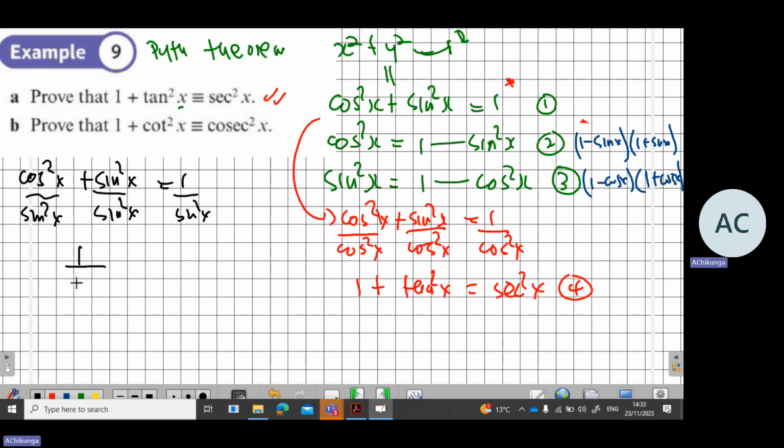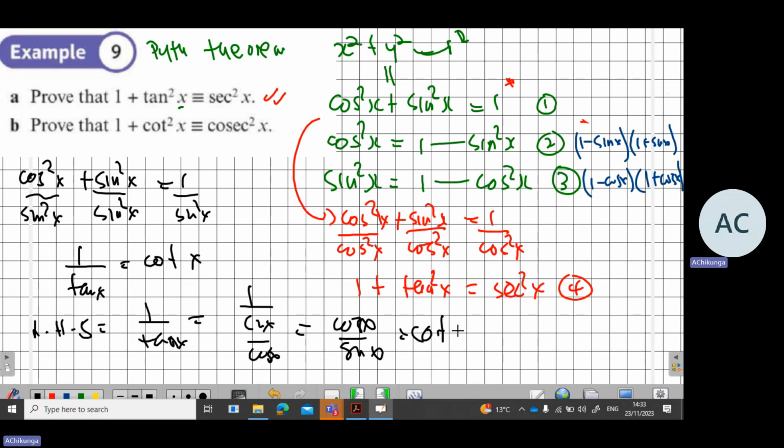Look here, 1 over tan is cot x, but 1 over tan can be written as 1 over sine x over cos x, which becomes cos x over sine x. So cot is also the same as saying cos over sine.